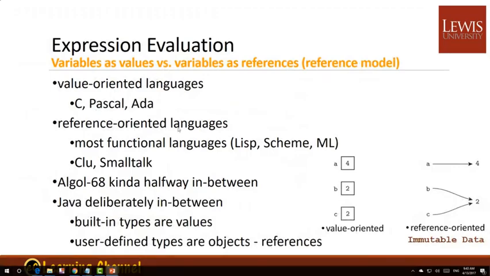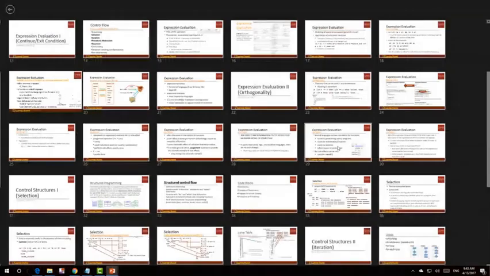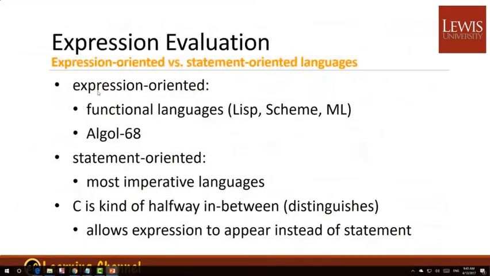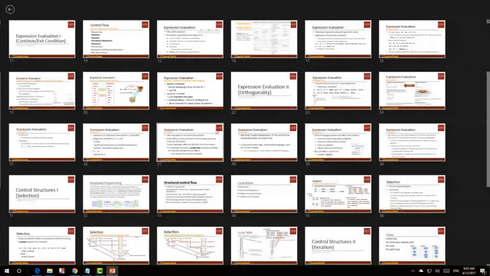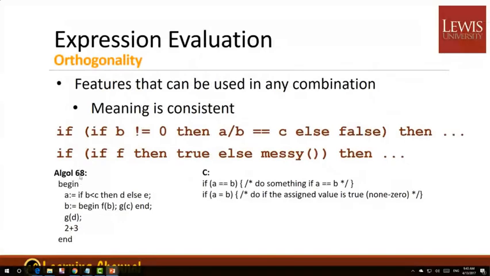This one is expression oriented, or statement oriented, right? So Algol 68 is expression oriented, so you will return the true or false for the statement. This whole statement has the expression feature, so it actually will return something.